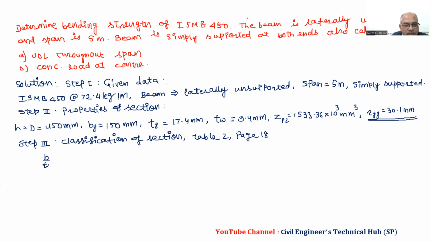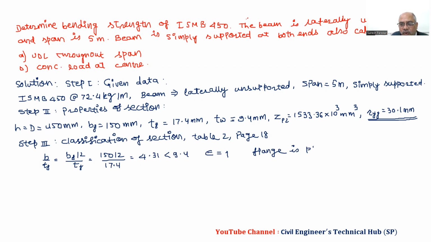Already these things we have in both the problems. BF by 2 upon TF, which is 150 by 2 upon 17.4, which is 4.31, which is less than 9.4, where epsilon is equal to 1, so the flange is plastic.